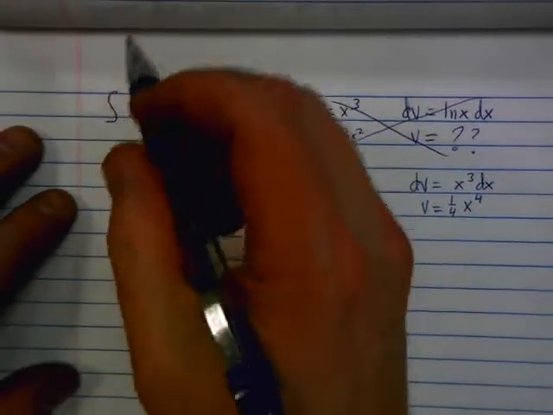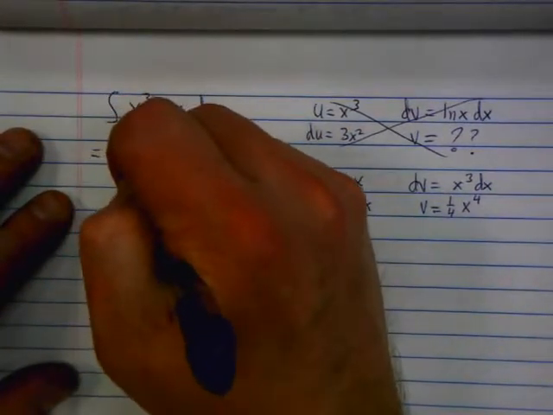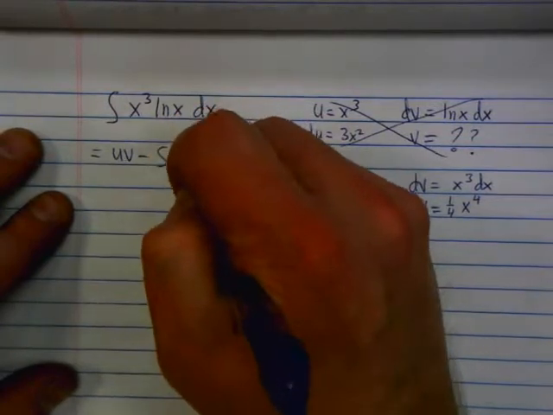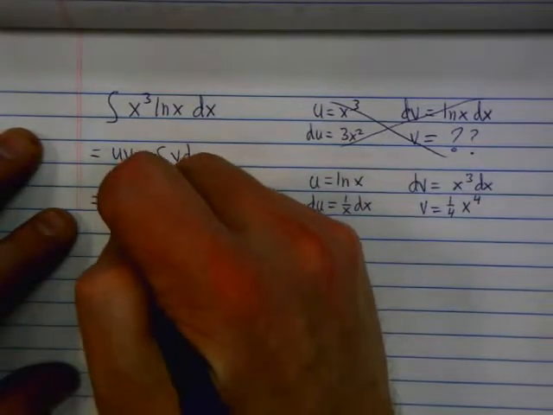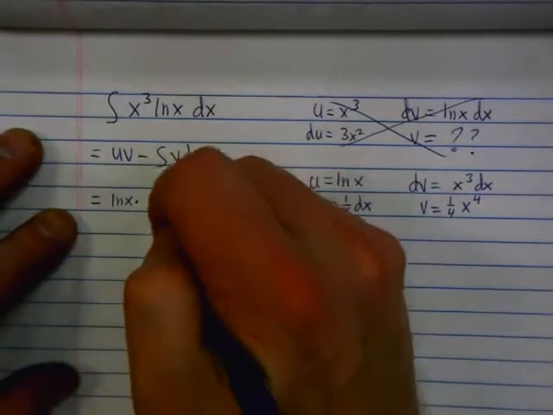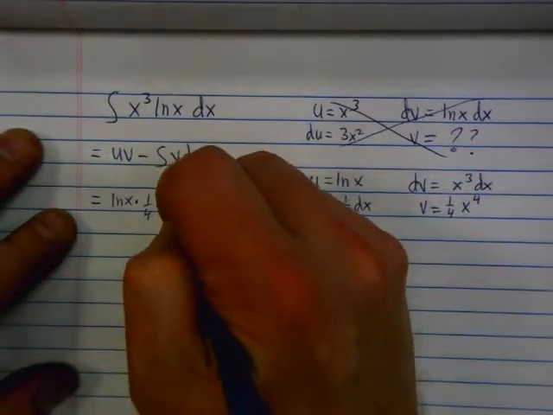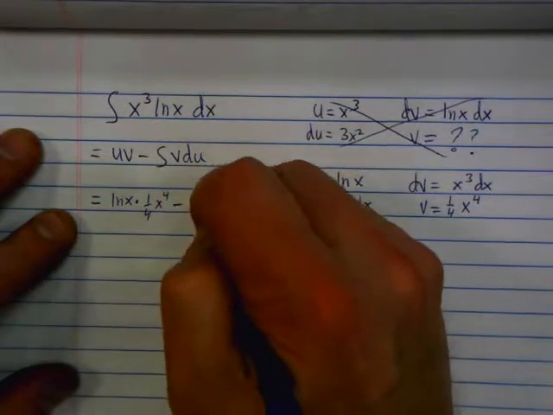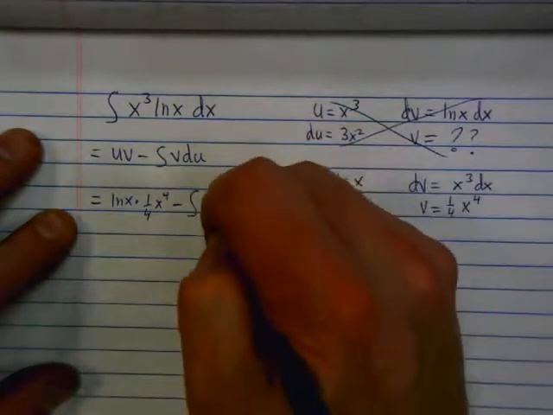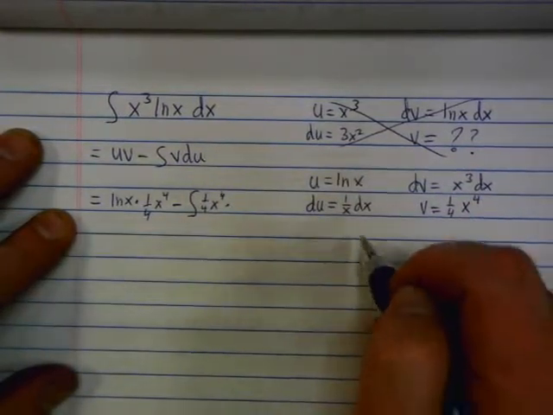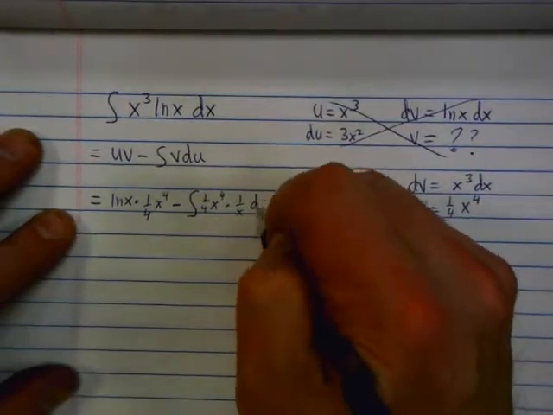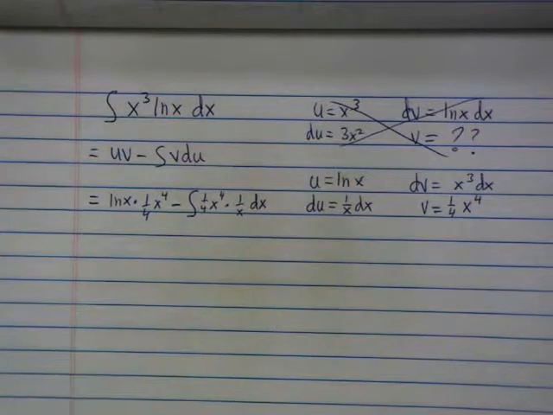All right, so again, remembering that my formula is u times v minus integral v du. I fill in all my stuff. U was ln x. V is 1/4 x to the 4th. Minus integral of v, 1/4 x to the 4th, du, 1/x dx. Did that help?